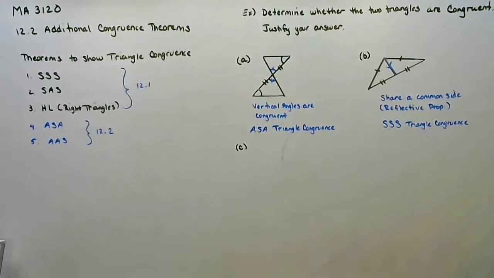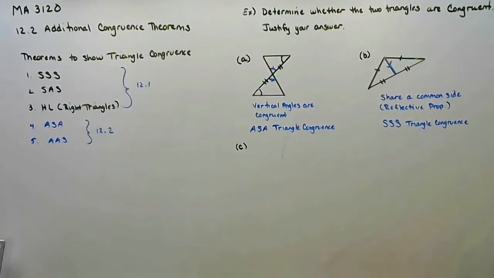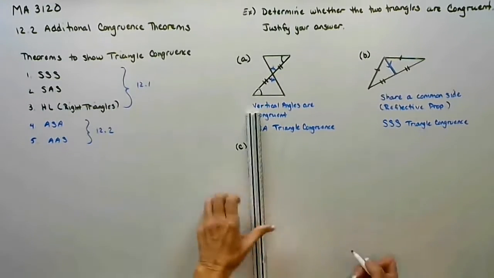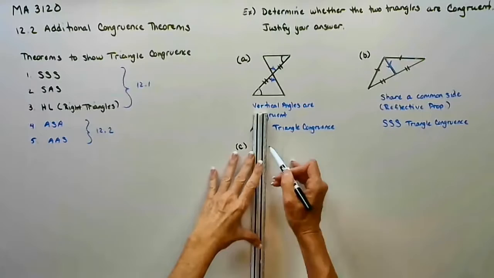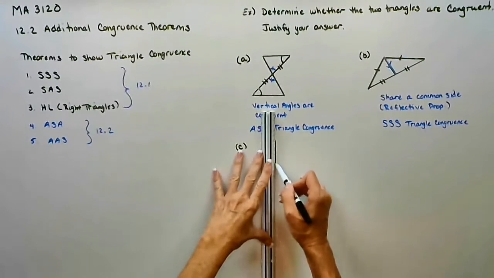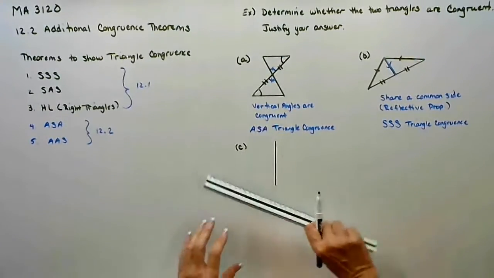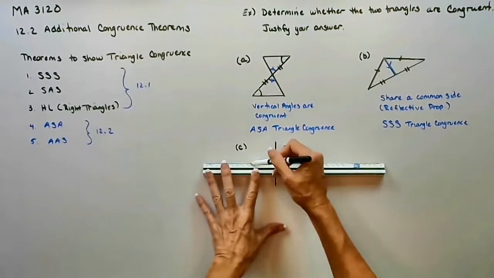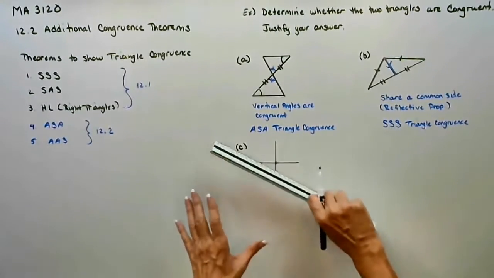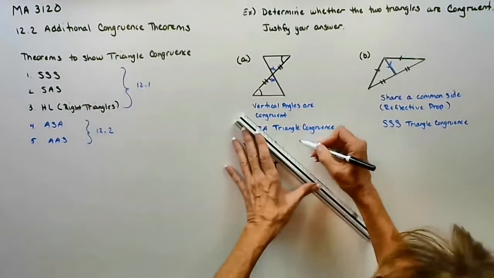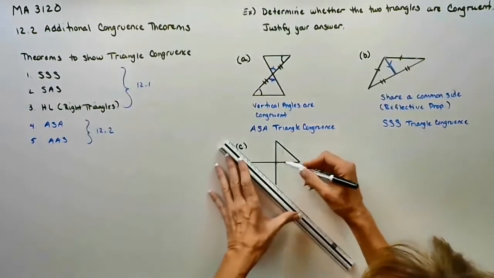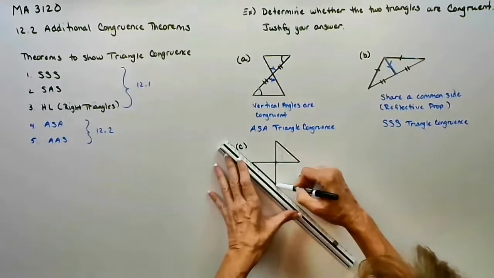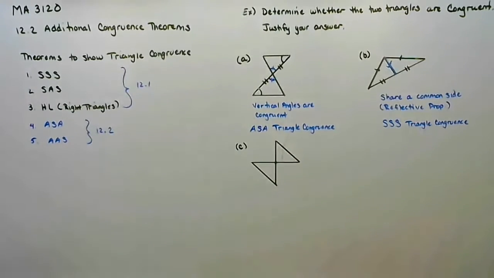Let's try a third one. It looks like I kind of went up and I kind of went vertical, then I went horizontal, then I sort of went kind of like that.